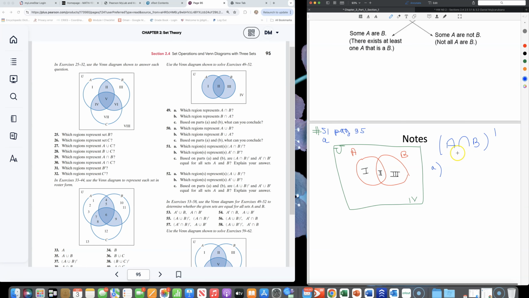Let me look at the intersection of A and B, which is region 2, this one here. And what is the complement?